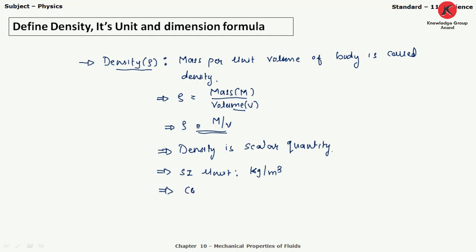And the CGS unit will be very simple, gram per centimeter cube. This is the SI unit and CGS unit. And at last, the dimension formula.